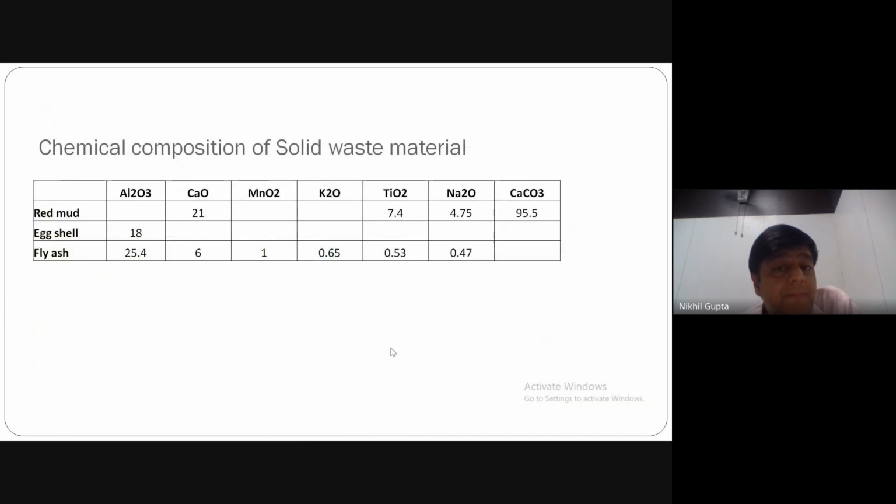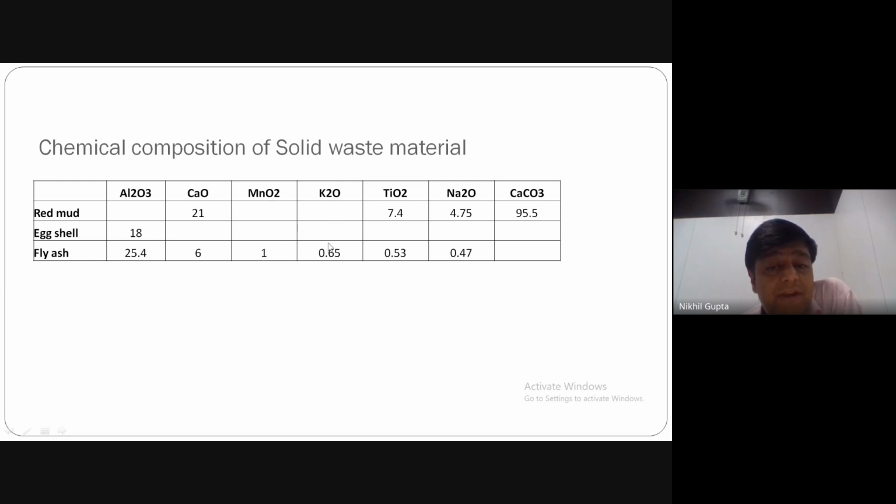Now, if we discuss the chemical composition of the waste material, XL has 18% aluminum oxide, and fly ash has 25.4% aluminum oxide, sir. If we talk about calcium oxide, red mud has 21% calcium oxide, fly ash has 6% calcium oxide, and magnesium oxide 1% in fly ash.